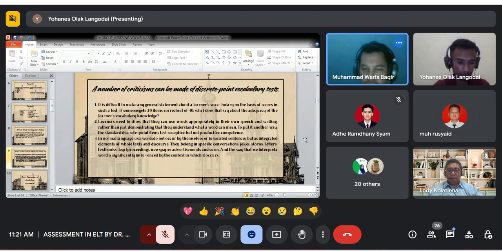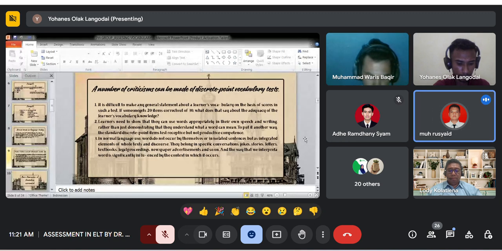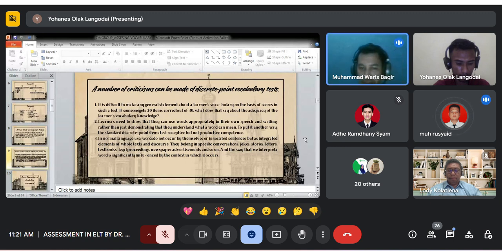They belong in specific conversations, jokes, stories, letters, textbooks, legal proceedings, newspapers, advertising, and so on. And the way that we interpret words is significantly influenced by the context in which they occur. Next slide, please.